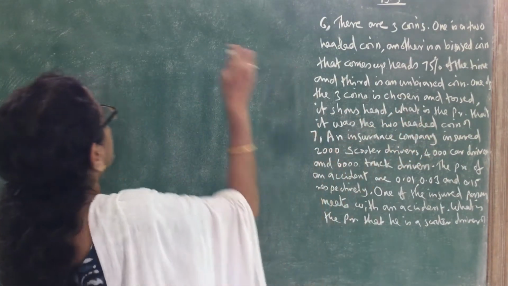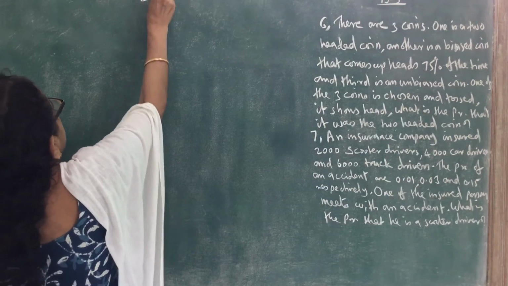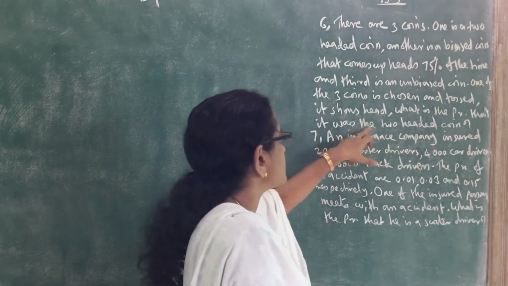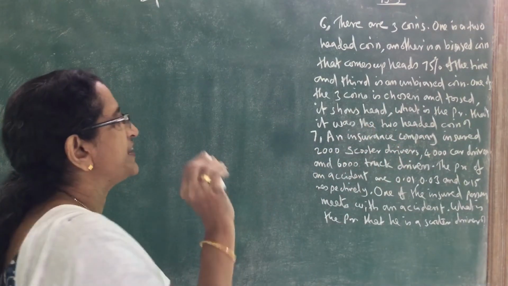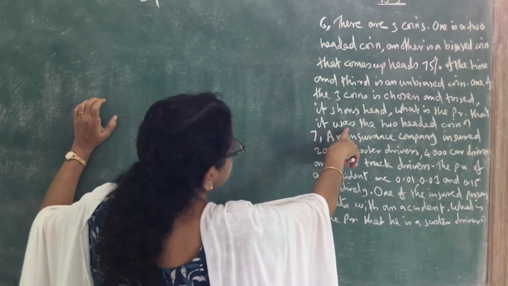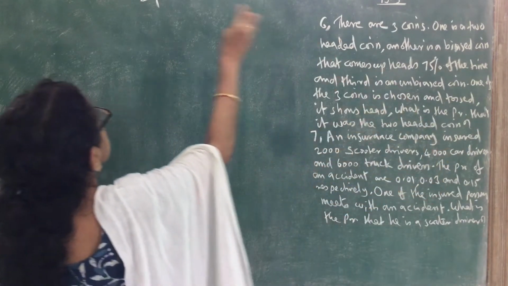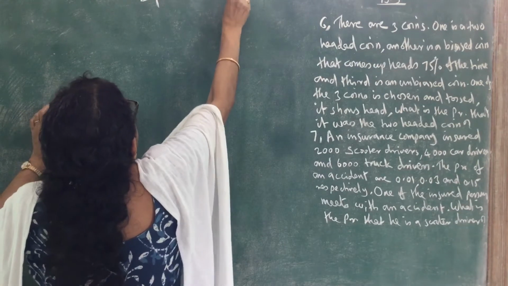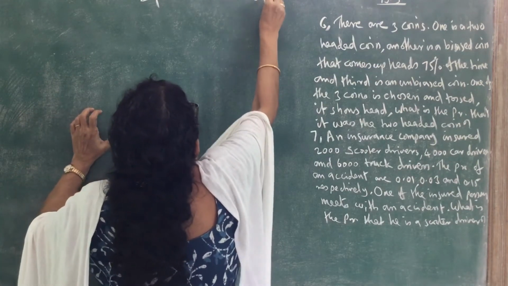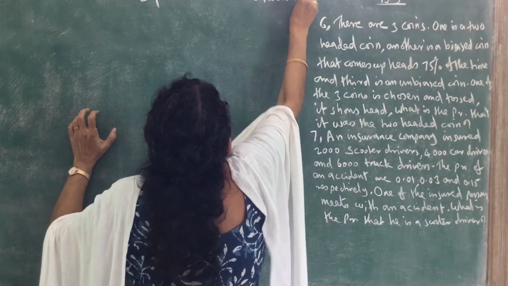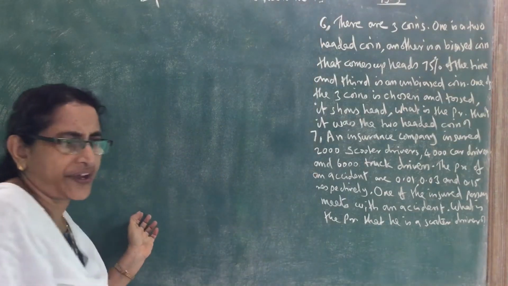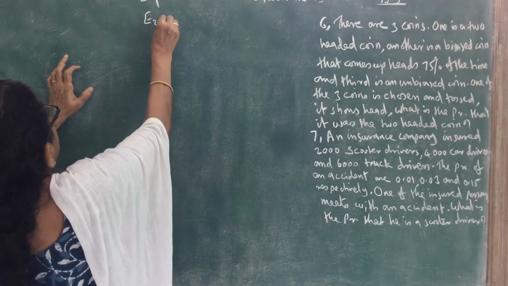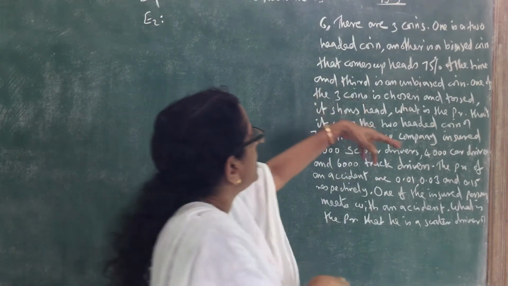So what is E1? E1, that is, the probability that it was the two-headed coin. So E1 we can take as the coin selected is two-headed coin. Then E2.